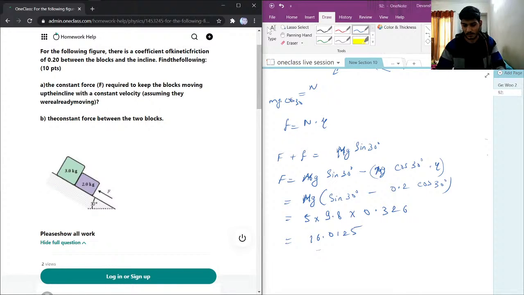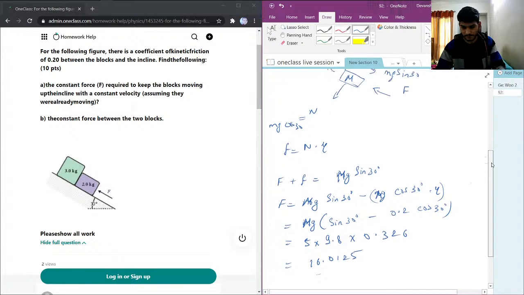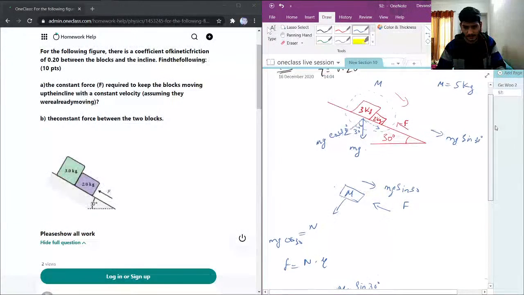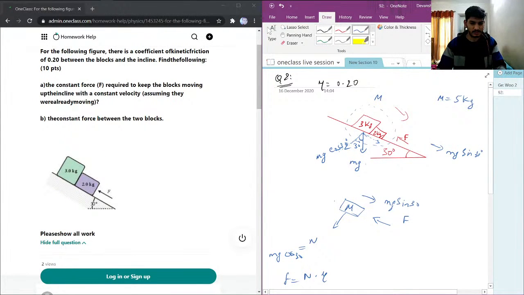Okay, so basically this question is a different kind of question because these blocks are moving in upward direction due to this force.